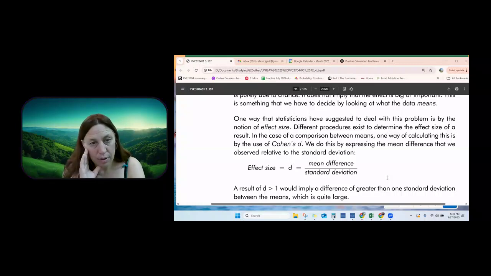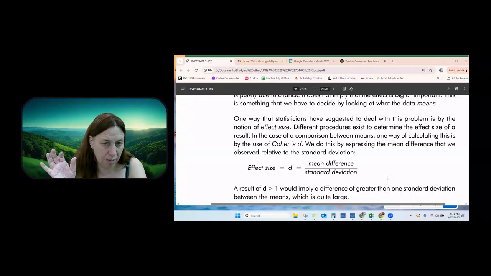Okay, so there's a little formula for effect size, and it's represented by the letter d. We take the difference in the two means, which in our first experiment was 4, remember? 104 minus 100. Our second experiment with IQs at UNISA, it was 102 minus 100, so it would be 2 or 4 over the top, over the standard deviation.